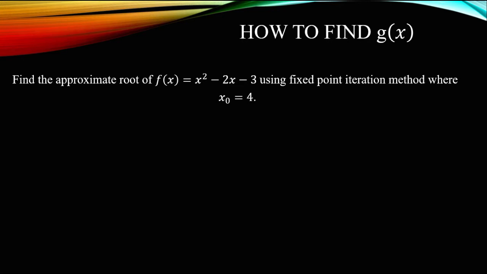In the bisection method, we learned from the intermediate value theorem that if the function has different signs at the boundaries of an interval, then there must be at least one solution of the function in that interval if and only if the function is continuous in that interval. Then we decide the two guesses for the bisection method, and from those two guesses we can decide one guess which is near to the root for the Newton-Raphson method. In the same way we can find that initial guess x naught for the fixed point iteration method.